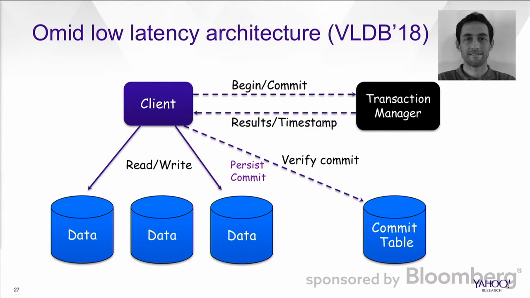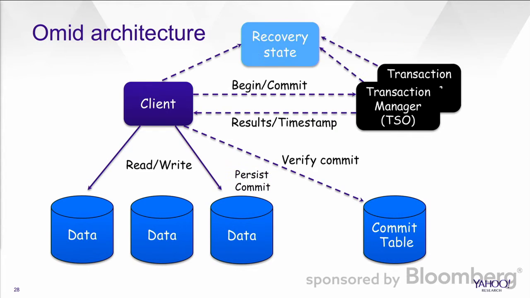The transaction manager will get a commit request, do conflict analysis, allocate a commit ID and return it to the client, and then the client will do the commit. So we have many clients, all of them will do the commits, and we're actually distributing that. And this significantly reduced the latency that we got. We'll see the results in a bit.